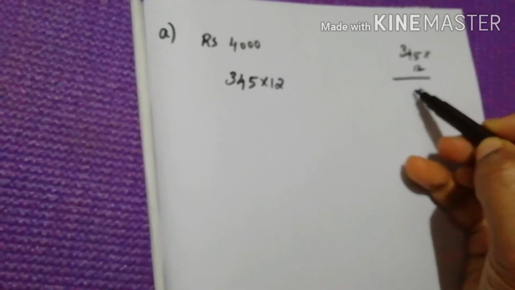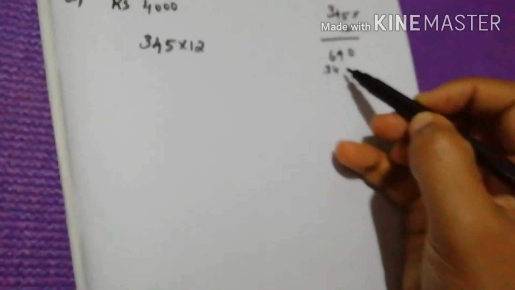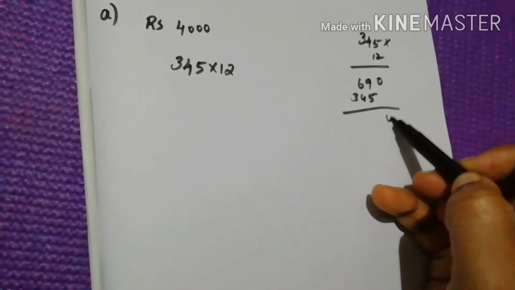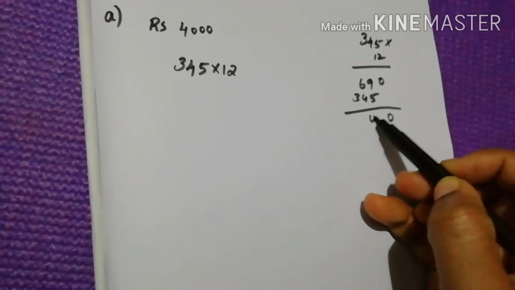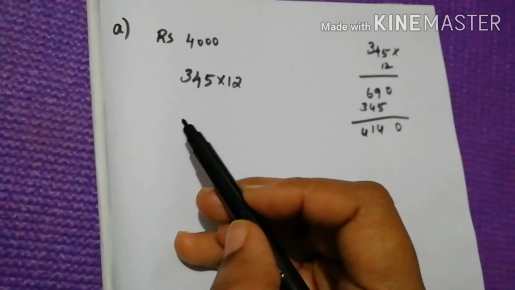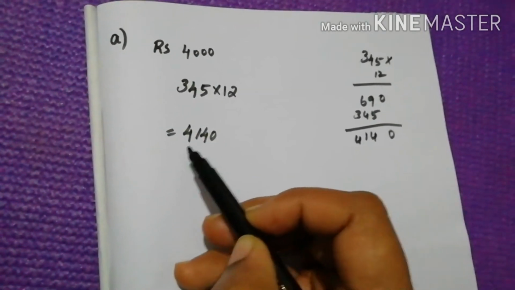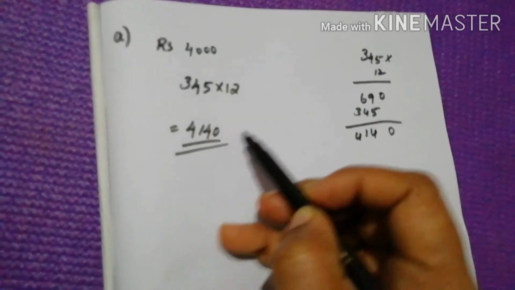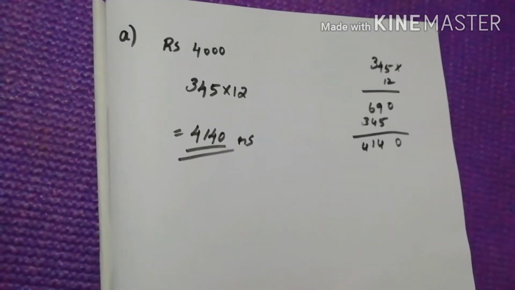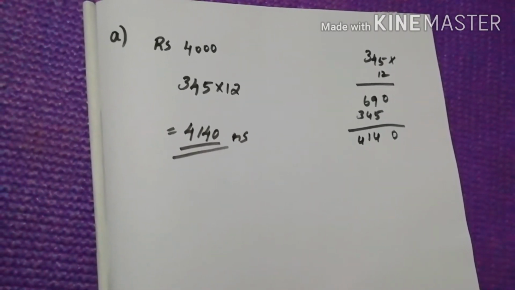So the answer is 4,140 rupees. The money she paid back to the bank is 4,140.